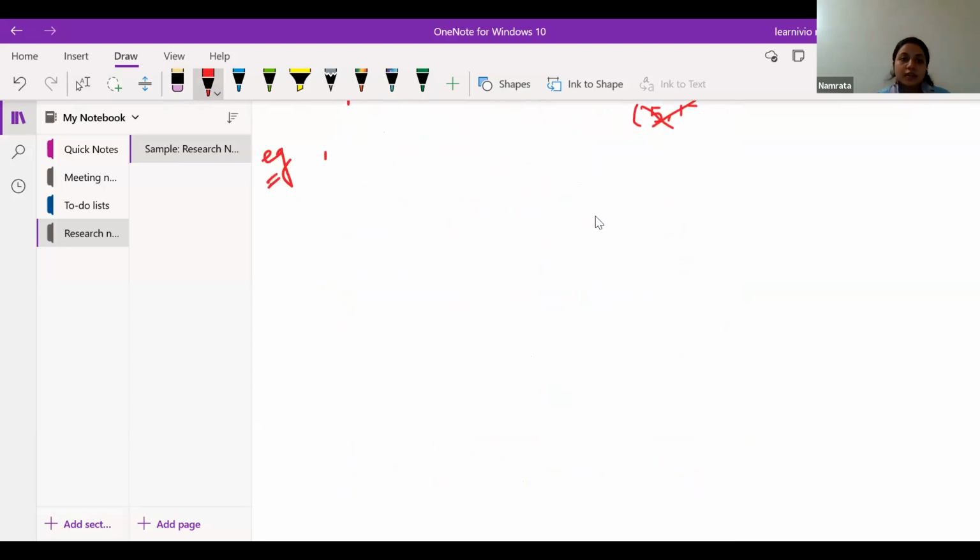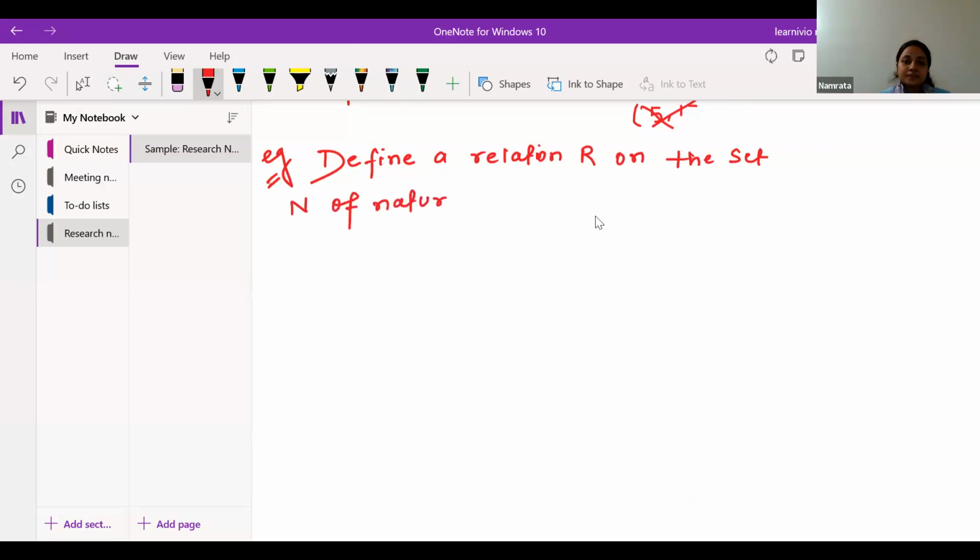The next one is: define a relation R on the set N of natural numbers by R is equal to the set of all (x, y) such that y is equal to x plus 5.